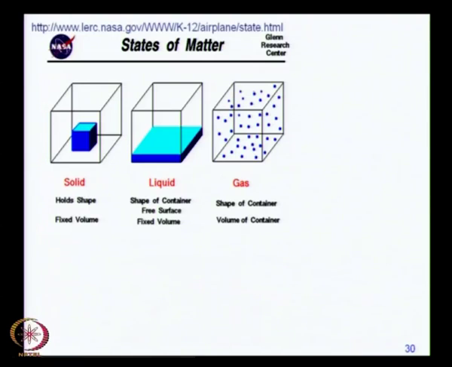Okay. So, these are the three usual states of matter, and a gas fills up and occupies whatever space is available to it, and we will focus attention on a liquid, because I am going to raise a question which is quite interesting in the context of liquids.